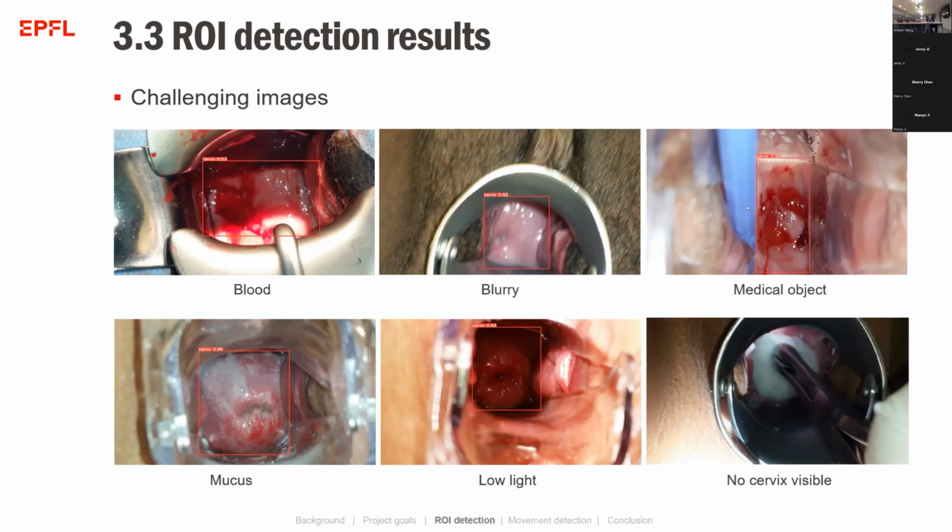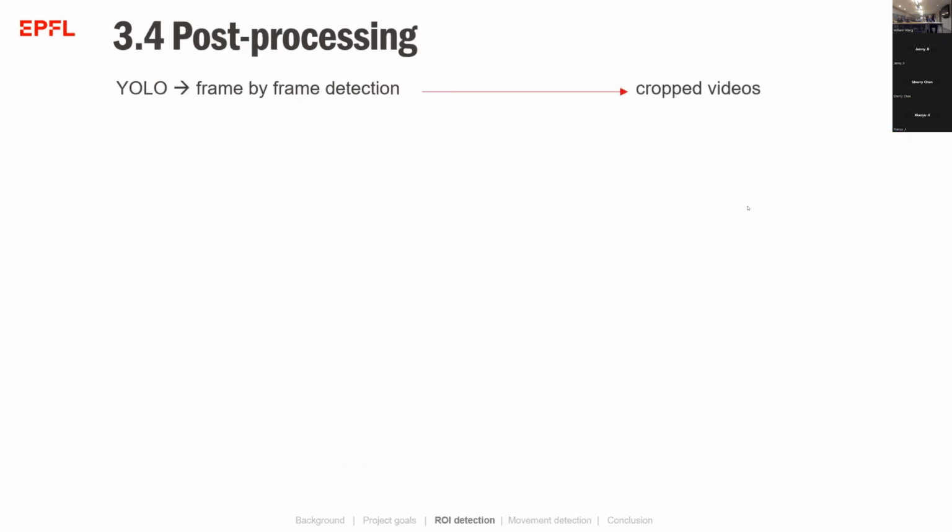These pictures were initially discarded for being bad quality images, but at the end, we also used them to see which results we obtained. And we saw that YOLO was able to detect the cervix in this type of image.